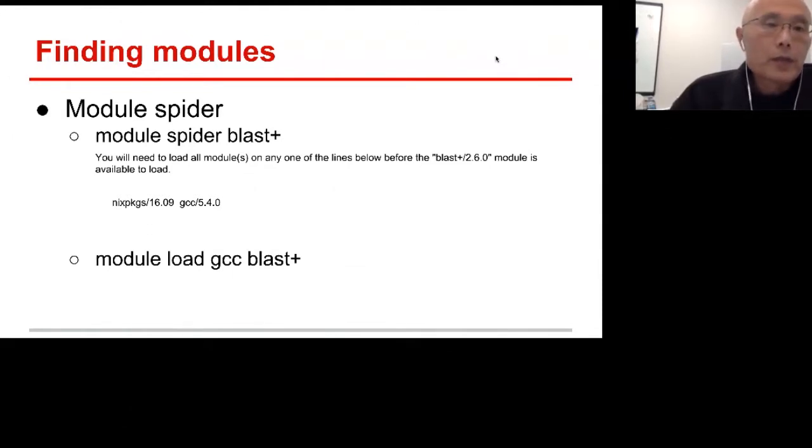The first one, nixpkgs, you don't need to worry about. That's always there. But the second one, GCC, tells you that this program was only available through the GCC compiler. So in order to load it, you have to do module load gcc blast plus.